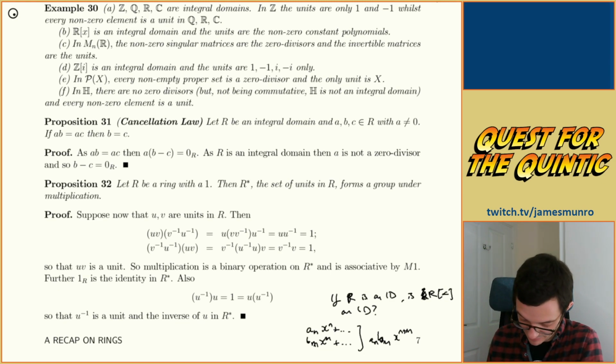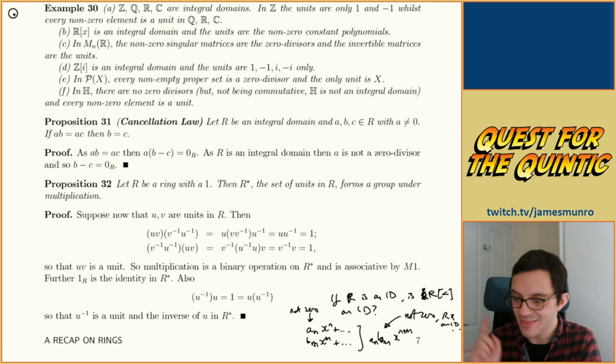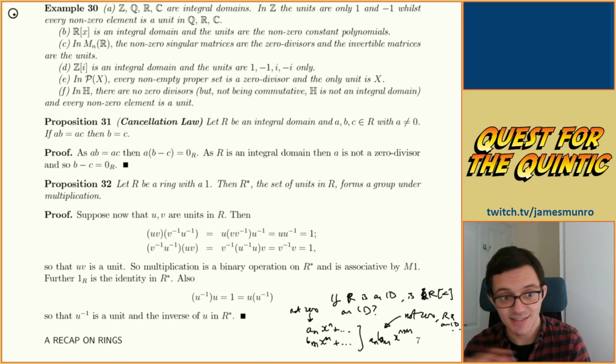But an bm is not 0 because these things are not 0, and R is an ID. R is an integral domain, so that means that this coefficient is not 0, great news. That means that my polynomial that I got from multiplying is not the 0 polynomial. I need to tidy that up a little bit.